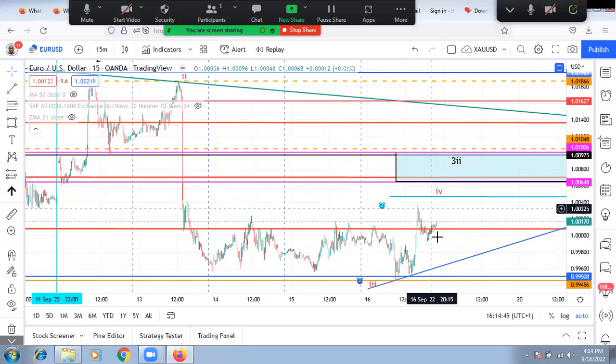This might just be the last leg to correct wave 4 to the upside.